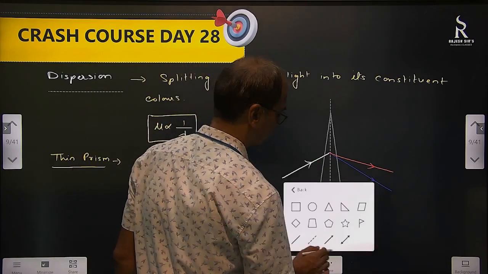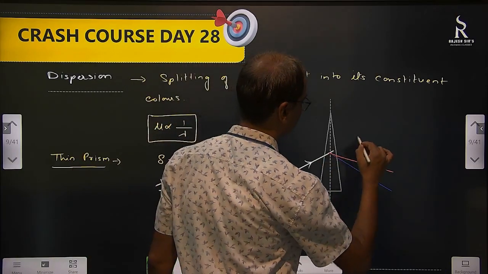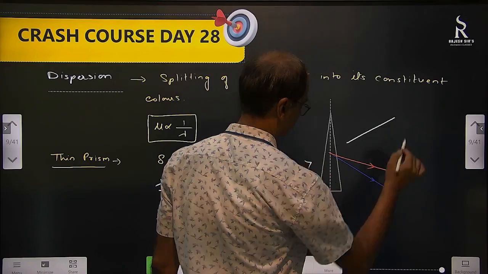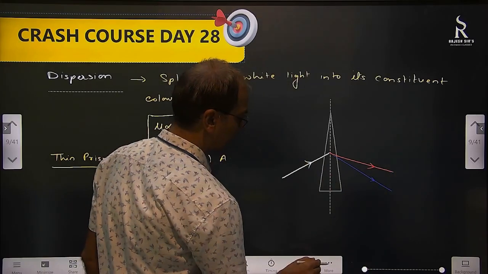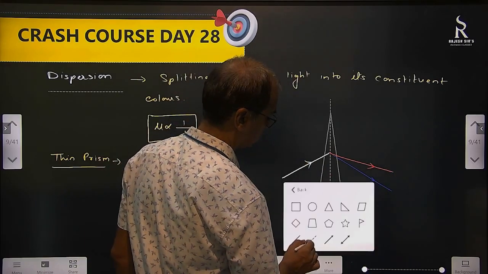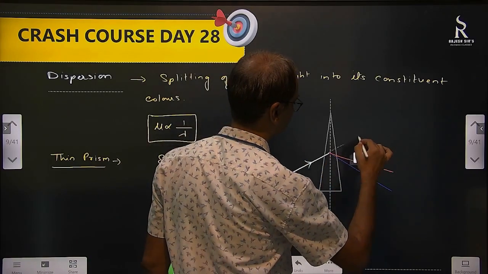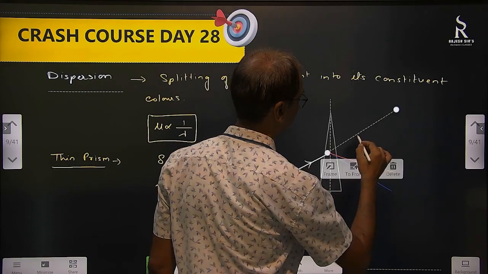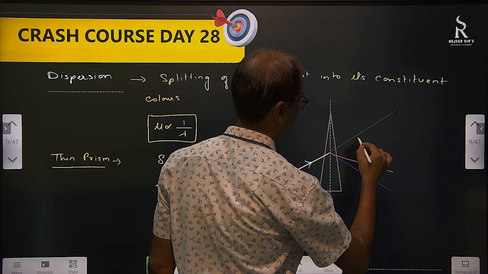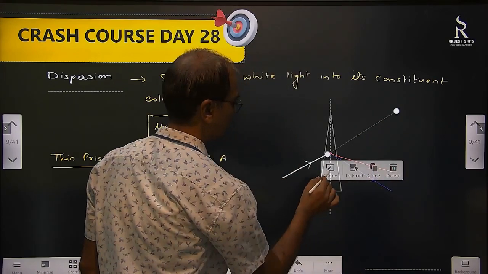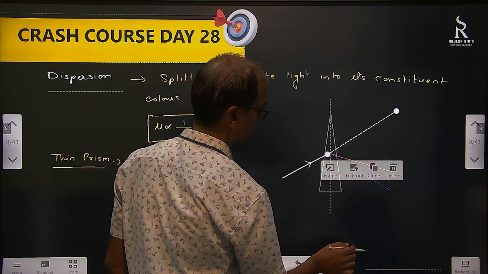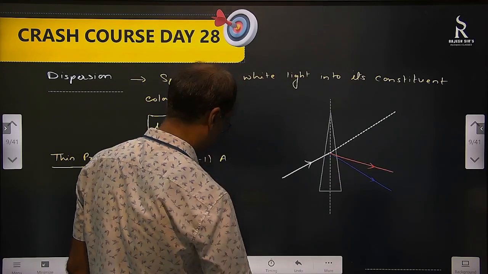So we can show the deviation here. This is the incident ray, and let's see the angle.